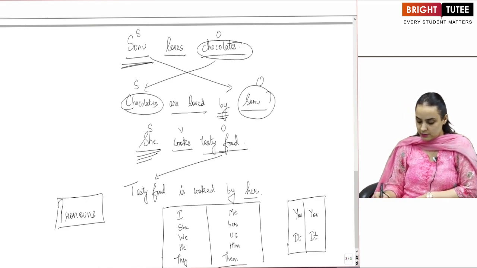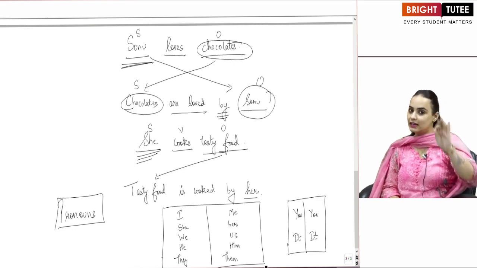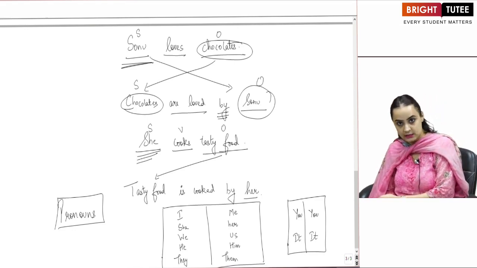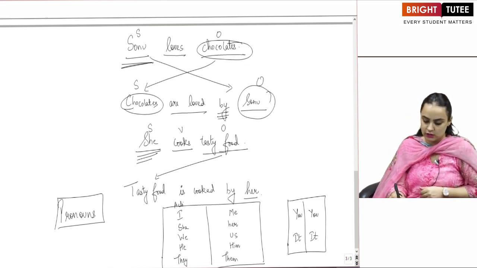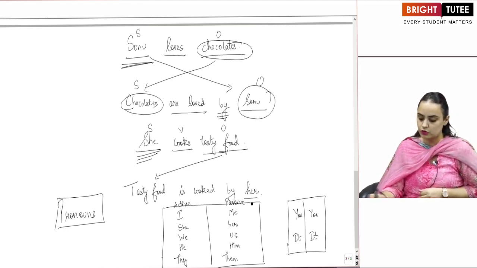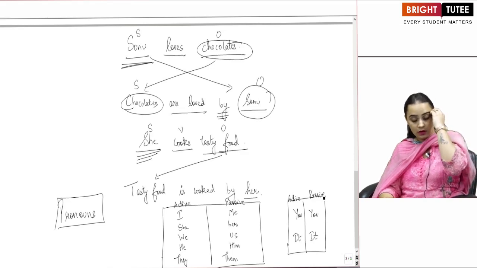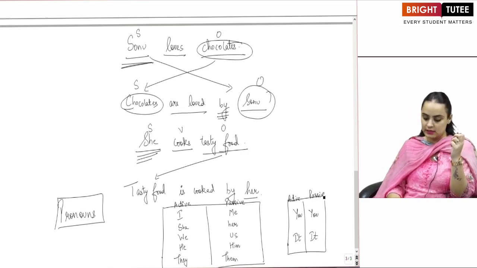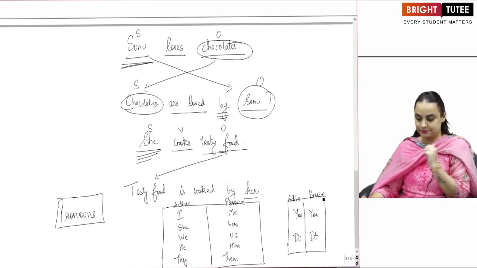So, this table has to be kept in mind by you when changing active sentence to passive sentence, because pronouns in the active sentence will always change. So, these are the pronouns in the active sentence and this is how they are going to change in the passive sentence: I becomes me, she becomes her, we becomes us, he becomes him, they becomes them, you remains you and it remains it.